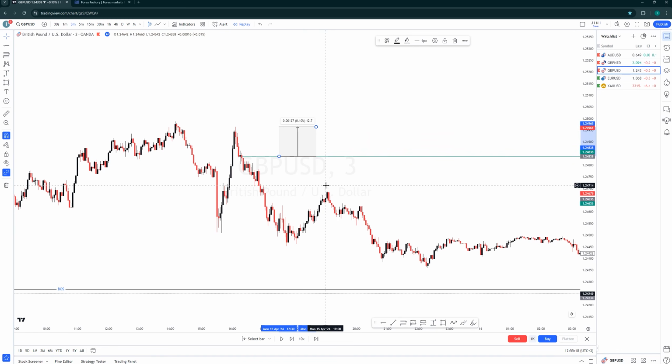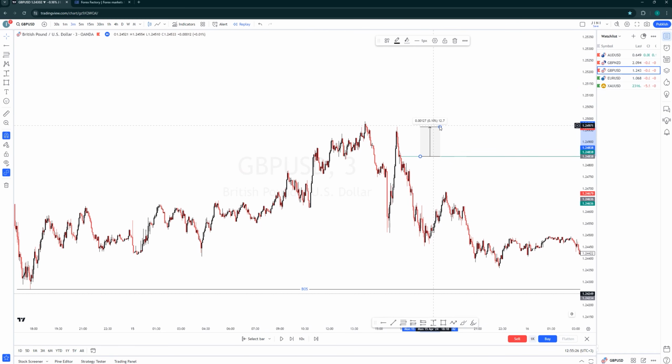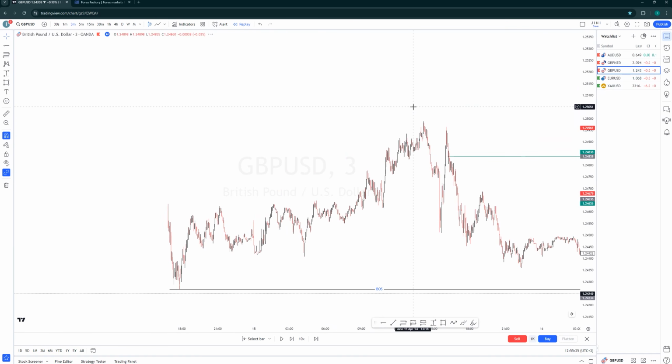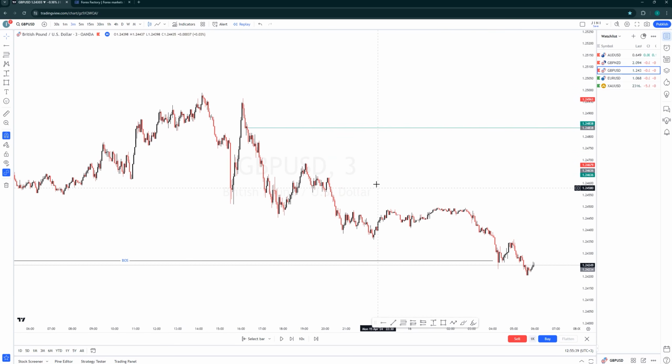So if you find an inside formation that gives you the lower risk, just take it. Don't over refine, because the more you refine, the more you create the chance for the market to leave you. So just don't over refine. You can see you have only 12 pips.